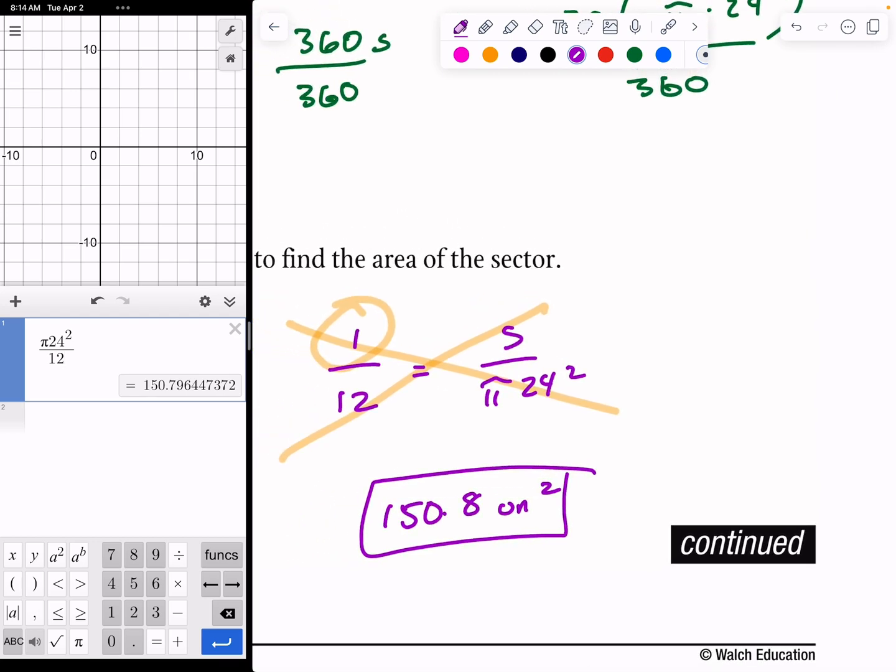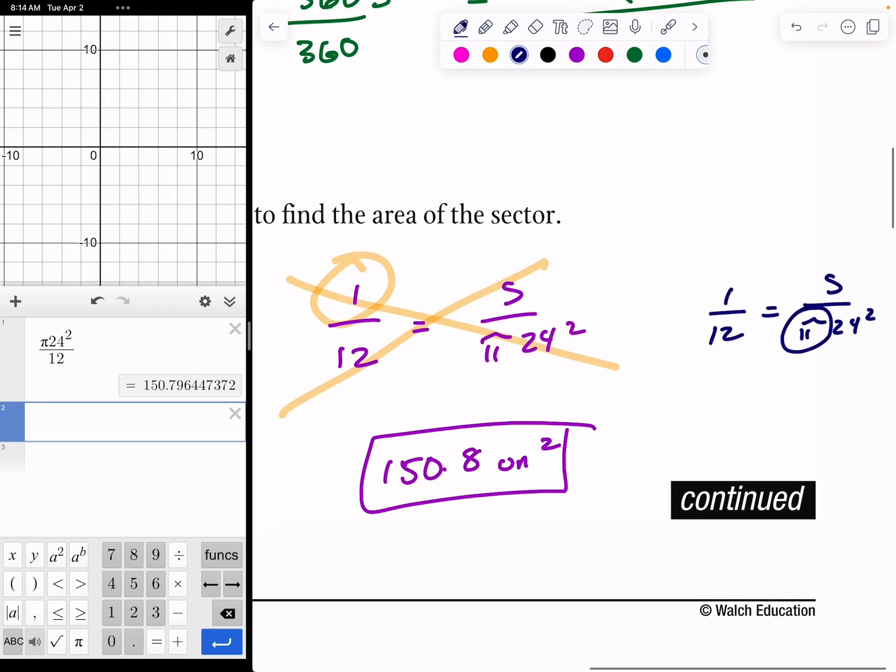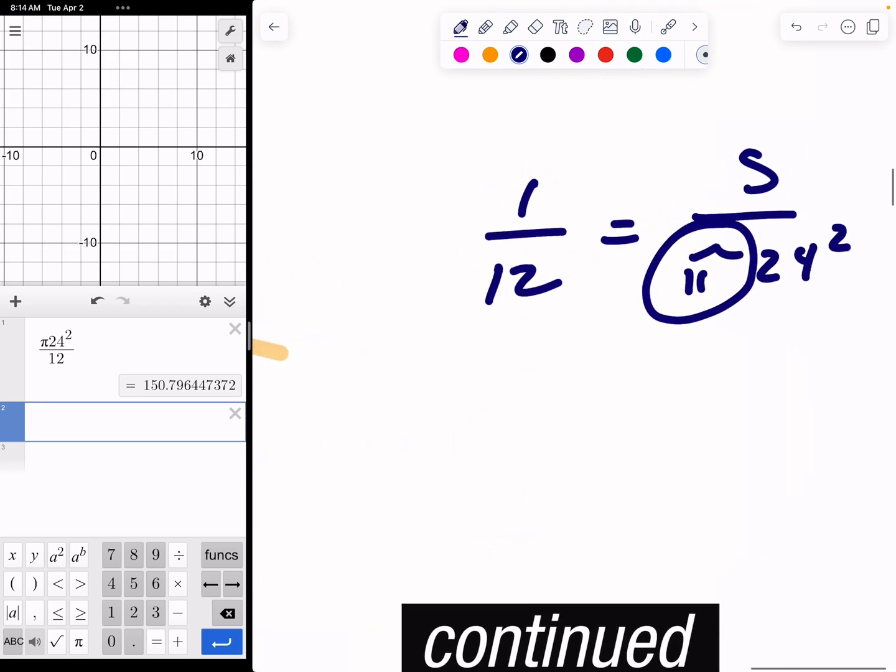What if it asks us for the answer in terms of pi instead of a decimal? Then you would do everything but not put the pi in there. So 1 over 12 equals S over pi 24 squared. Don't put the pi in the calculator.